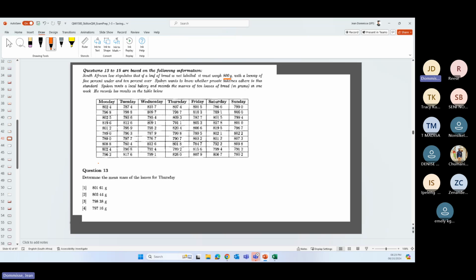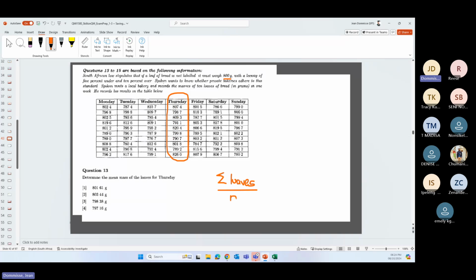So they then say to us, determine the mean mass of loaves for Thursdays. So basically, what is the average of the loaves for Thursdays? So you basically need to say the sum of the weight of the loaves divided by how many, and they're supposed to be 10, but let's just count: 1, 2, 3, 4, 5, 6, 7, 8, 9, 10.